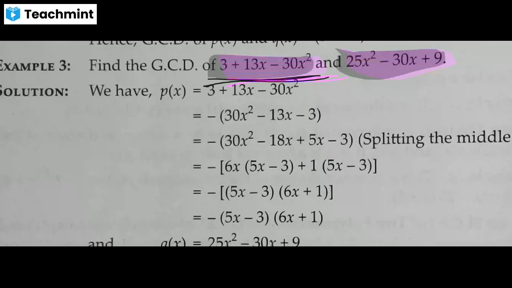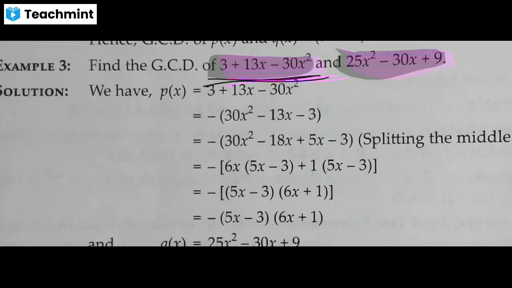So if you look at this polynomial, first of all, when we write polynomials, we used to write them in standard form. Standard form means descending order. We write the highest power of the variable first and then slowly decreasing. So that is called descending order. The polynomial usually we write in descending order.